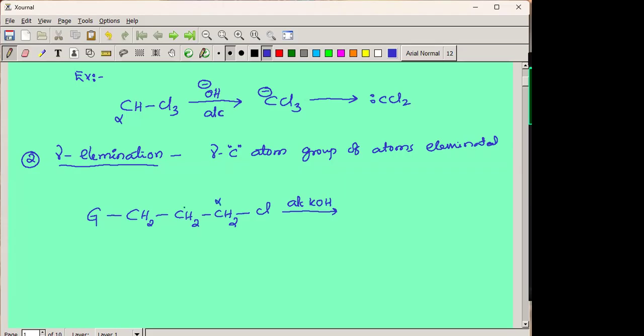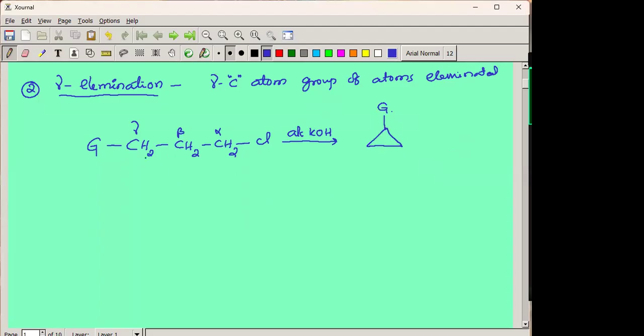Here this is the alpha carbon atom, this is the beta carbon atom, and this is the gamma carbon atom. From the gamma carbon atom, the hydrogen is eliminated as H plus, leaving a negative charge. Now this negative charge attacks here and converts into a cyclic compound. This will be formed. So this is a kind of elimination, gamma elimination, which is possible from the gamma carbon atom. That is the mechanism of this reaction.